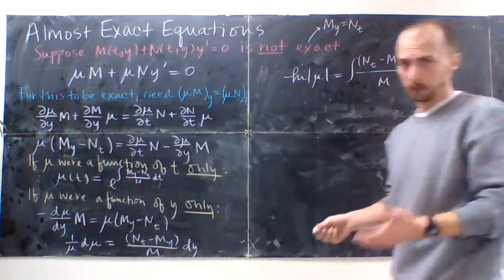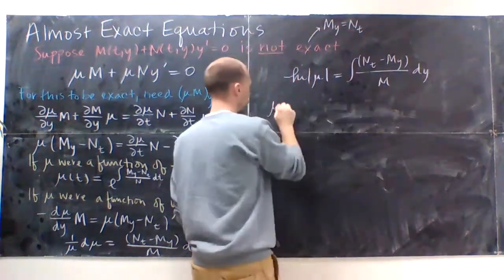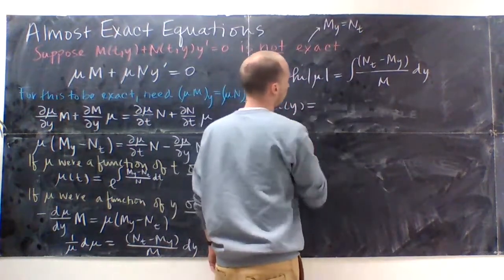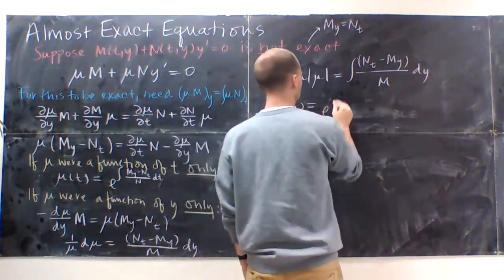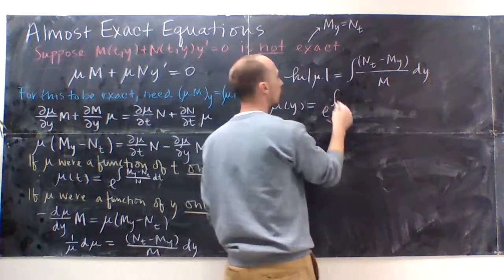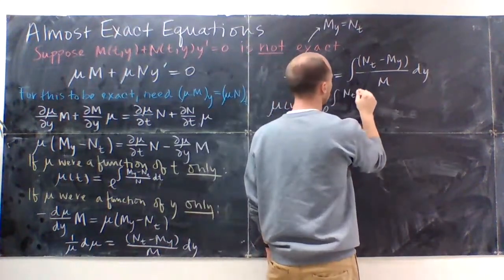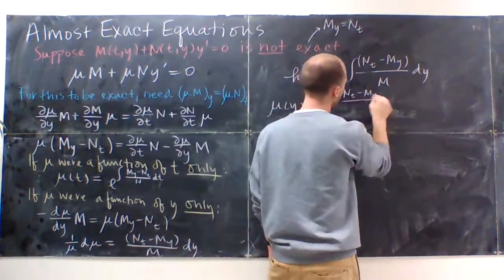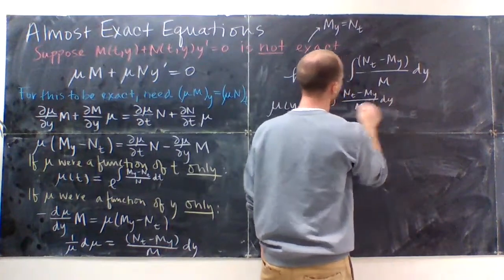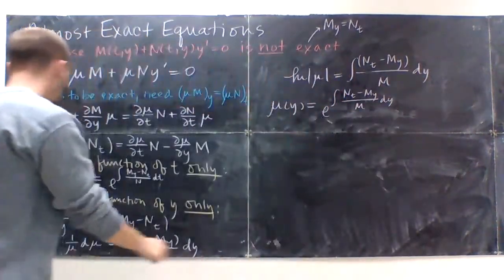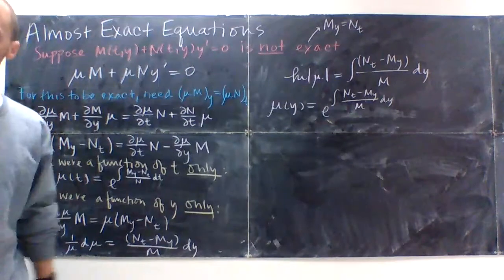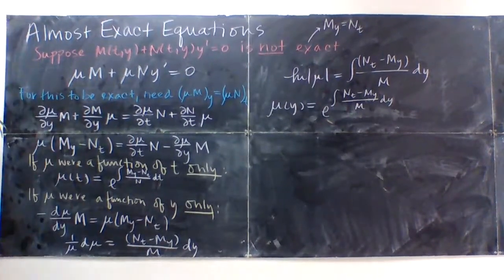Then, skipping a little bit of algebra, mu of y is equal to e to the antiderivative, really c times e to the antiderivative, of nt minus my divided by m dy. Okay? I'll write in that result here, and then I'll work an example for you.